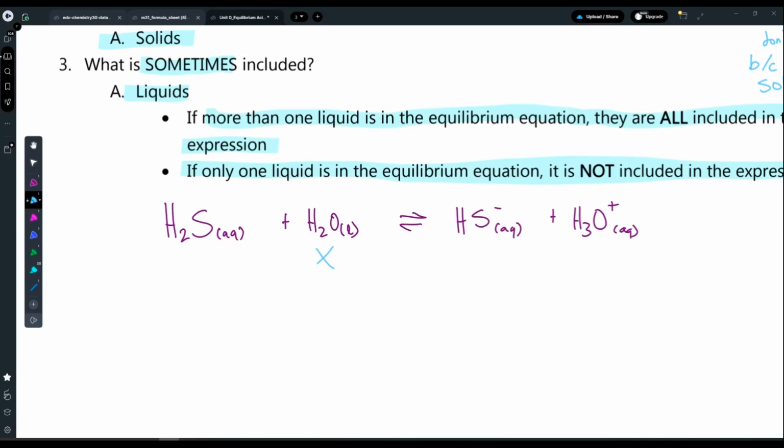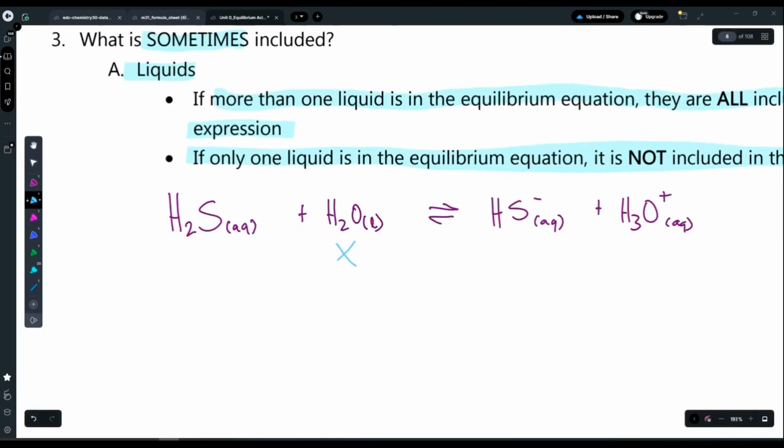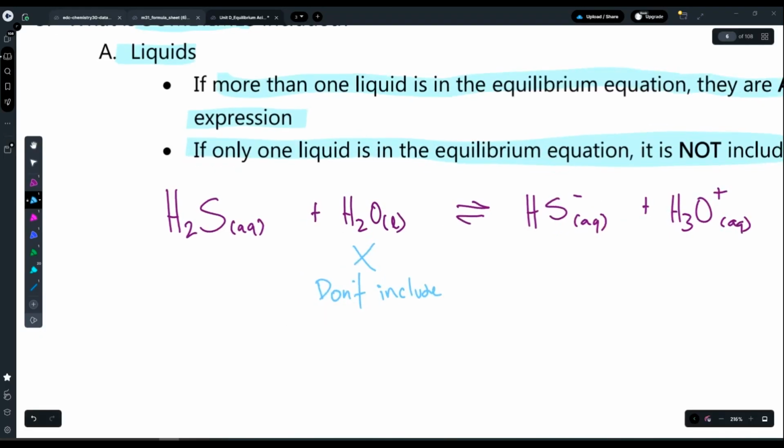This is the only one, so because there's only one liquid, it doesn't get included in the equilibrium law expression.